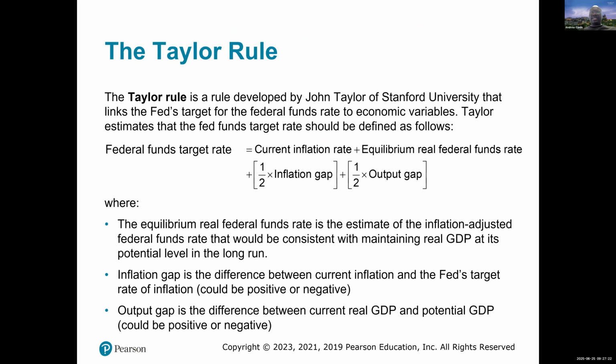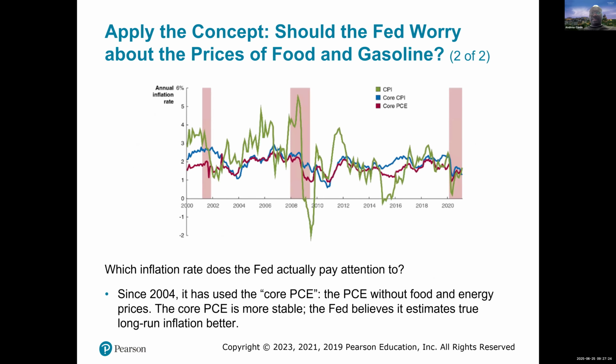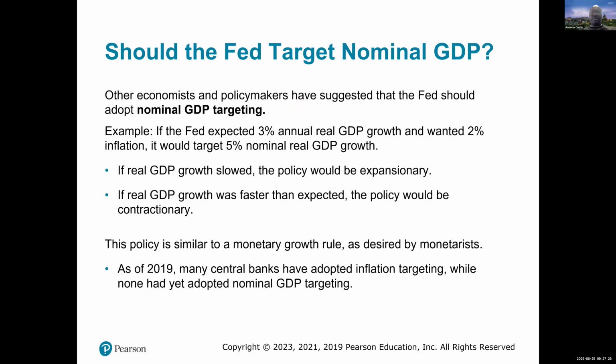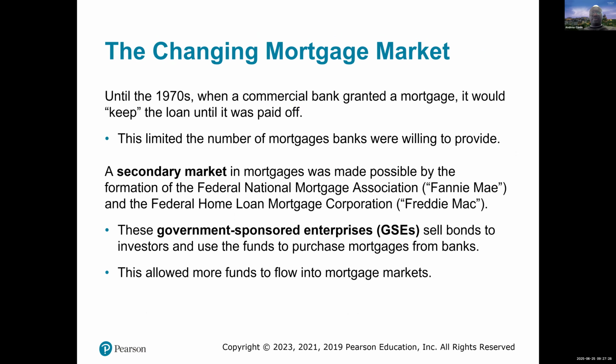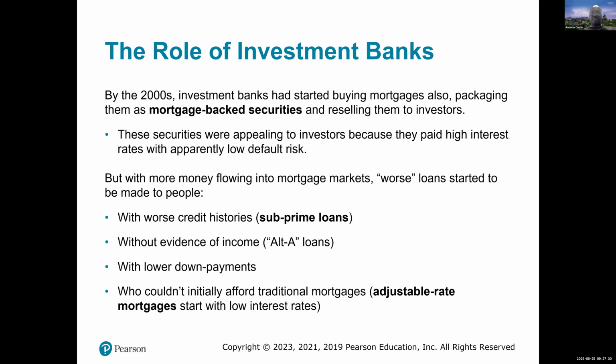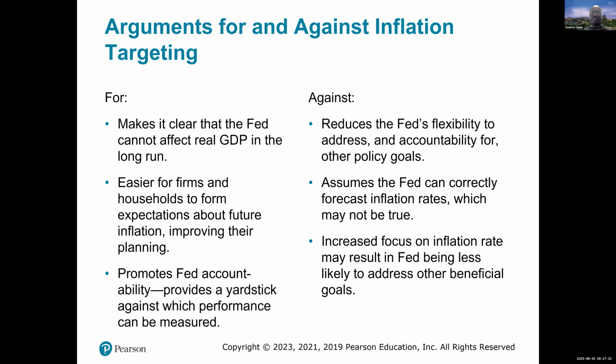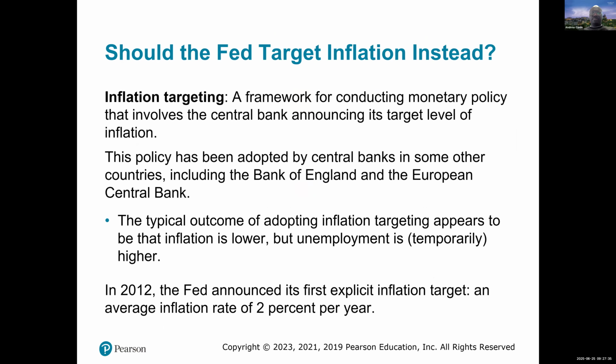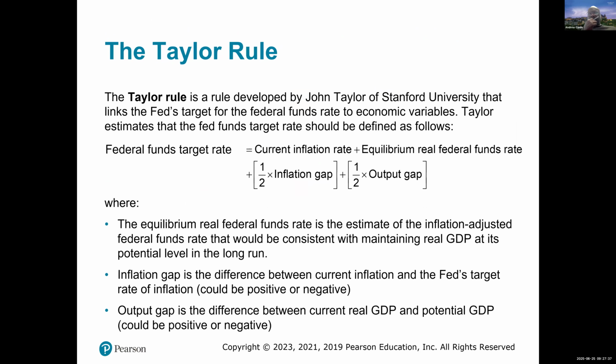The last thing I want to talk about here is what we call the Taylor rule. The Taylor rule was developed by a Stanford University economics professor called John Taylor.